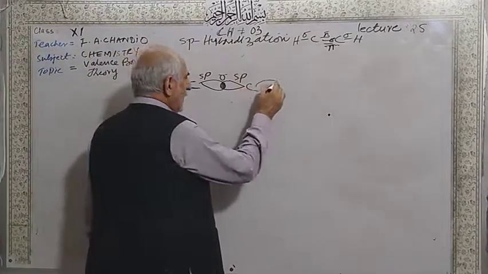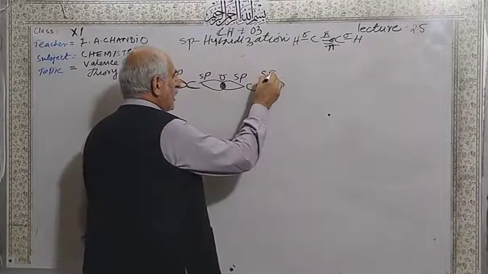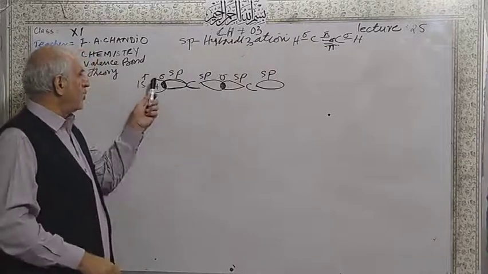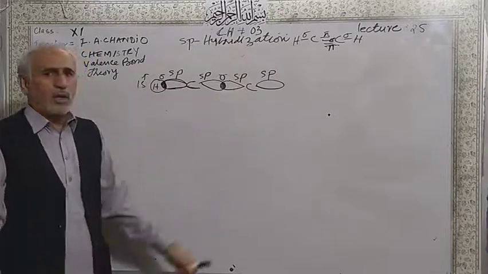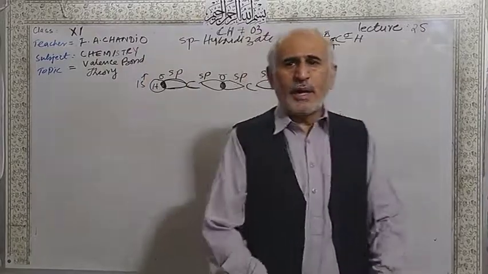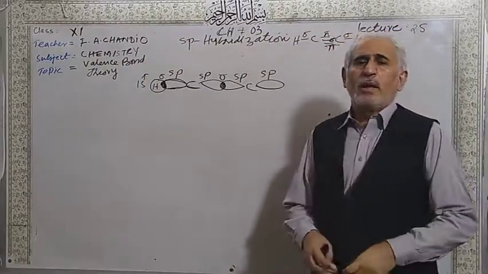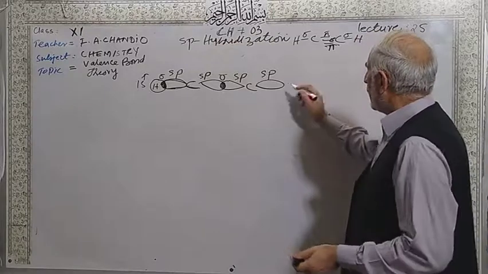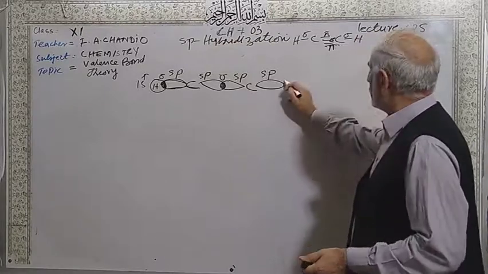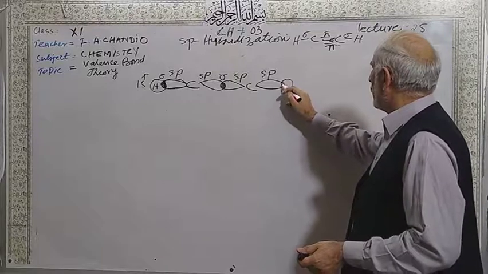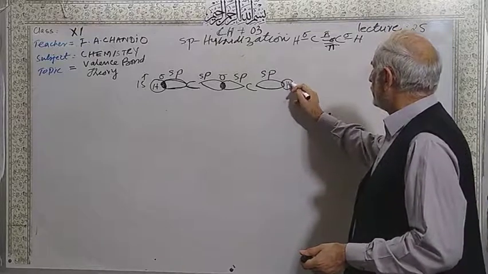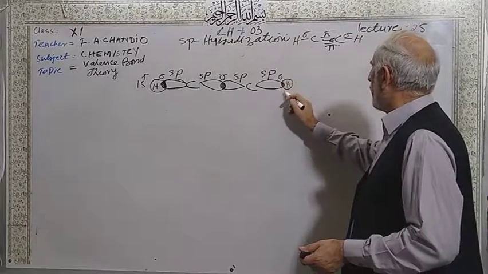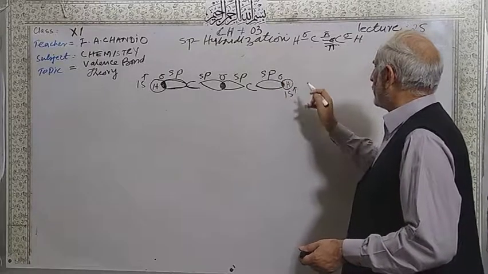Then there is another sp. I told you there are a total of 4 hybridized atomic orbitals for both carbon atoms, for the acetylene or ethyne molecule. In the last there is a hydrogen, same. This is the hydrogen, and a sigma bond is formed with the 1s.